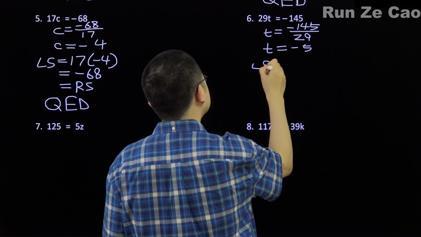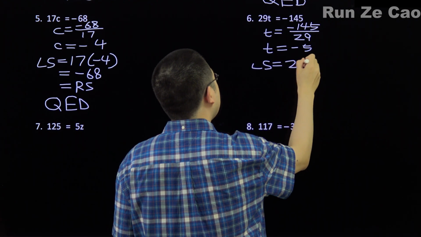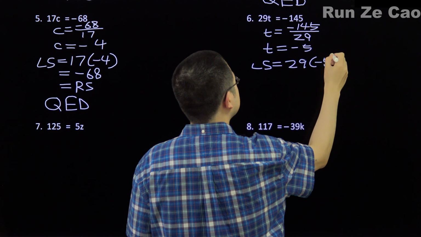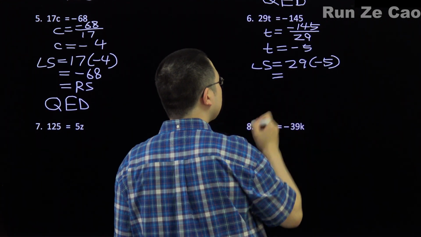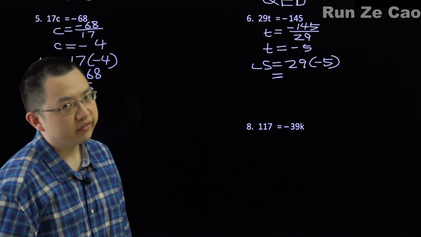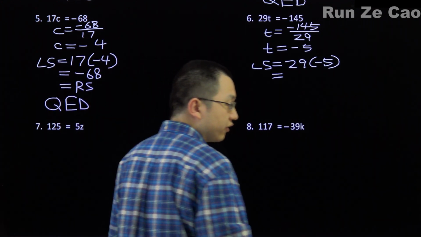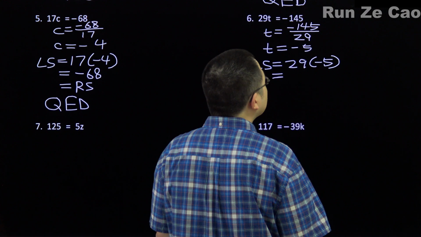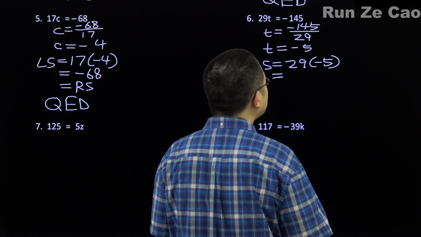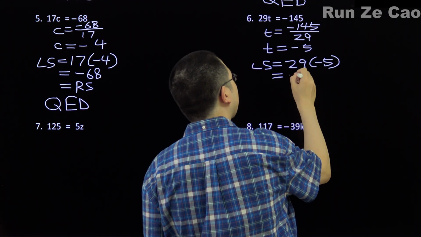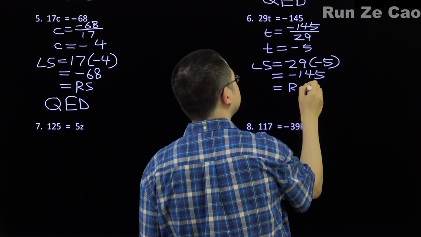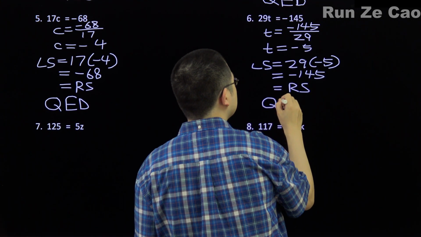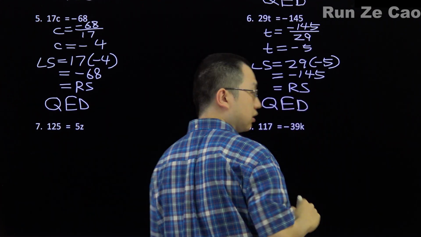Now the left side is 29 times negative 5, which is going to be equal to 30 times negative 5 minus negative 5. So 30 times negative 5 is negative 150, and then plus 5, so negative 145, which matches up to the right side. Hurrah! That means that our answer was correct.